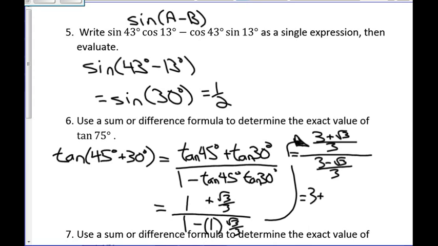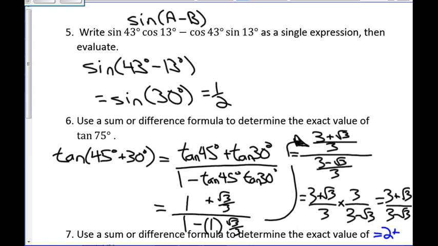If we are dividing fractions, we're flipping and multiplying, which gives us a final result of 3 plus root 3 all over 3 minus root 3. If we rationalize the denominator, we could show that that's going to become 2 plus root 3. But I'm fine with you leaving it as that non-nested fraction.